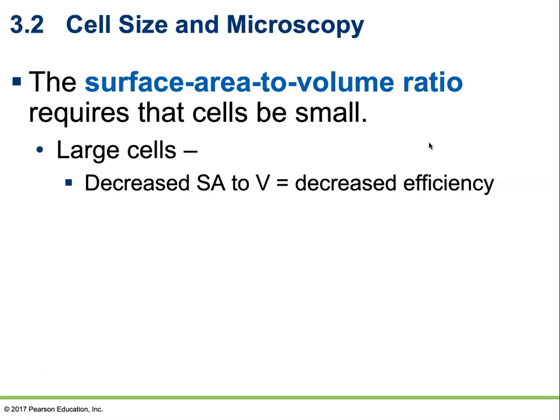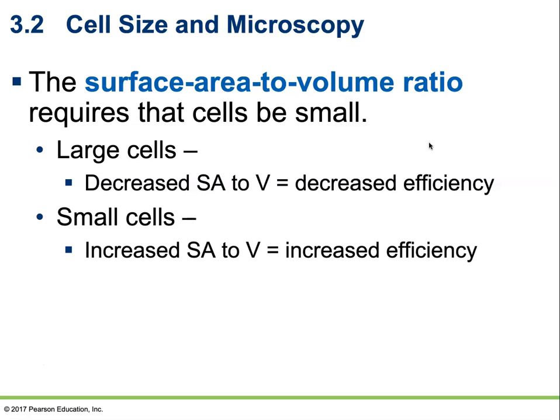We want lots of chocolate, very little peanut butter. And so smaller cells are going to have an increased surface area to volume ratio. They have more surface area to volume. They have an increased efficiency. Therefore, the smaller the cell, the more efficient it is. The easier it is for it to get its nutrients in and waste out.